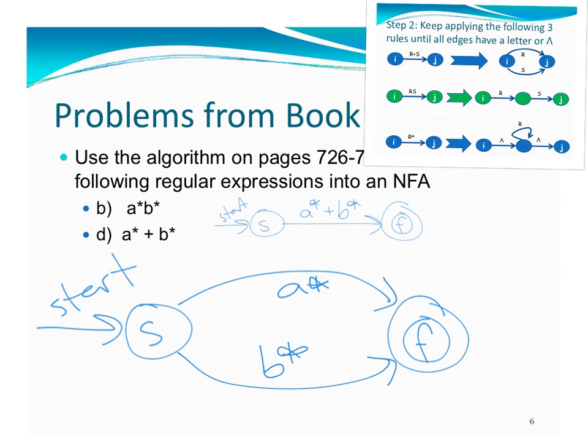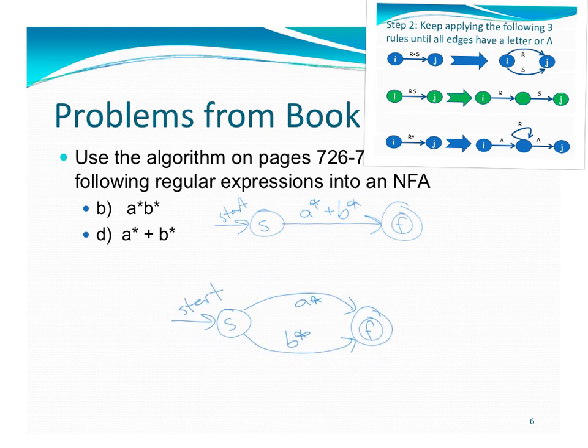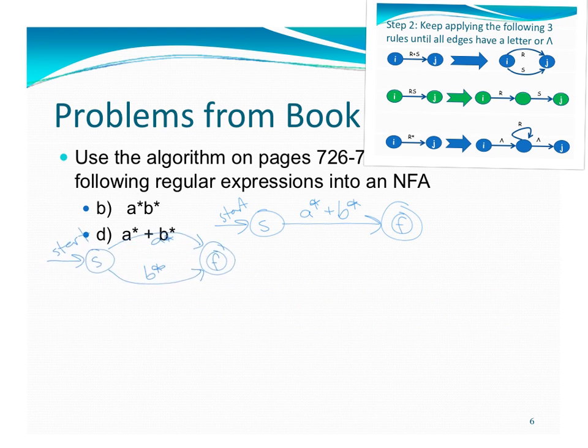So let's keep going. Let's take this guy, and I'll just put it right there. And now we get to pick. We pick any transition that has a regular expression on it that's not just a single symbol. So maybe we'll do the top one this time. And we will apply the star rule to that one.